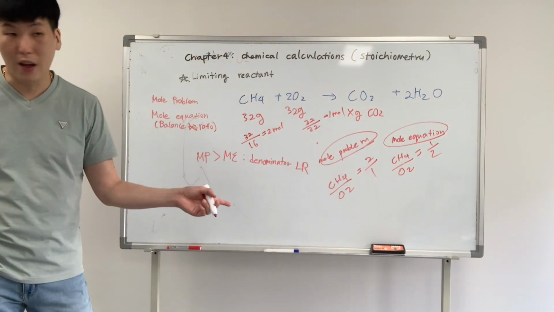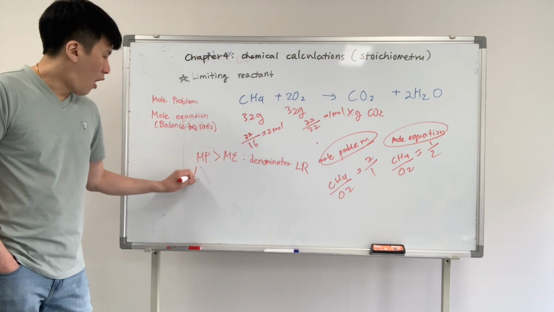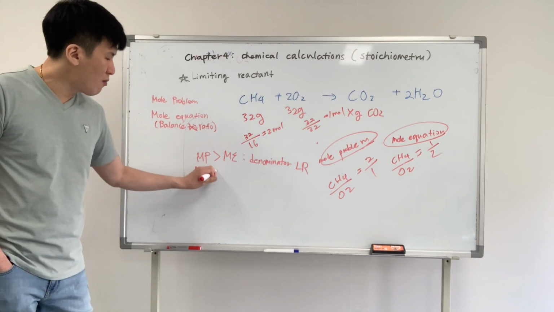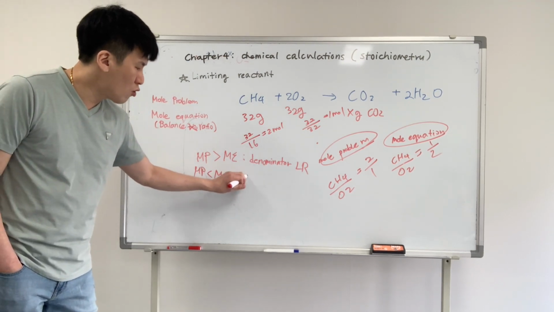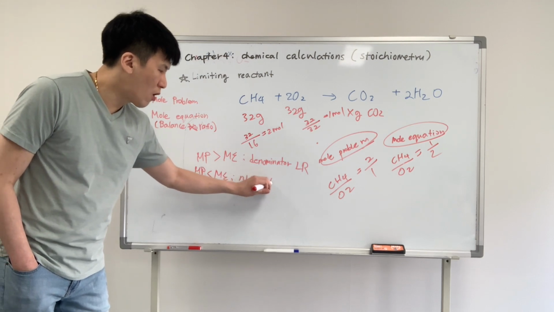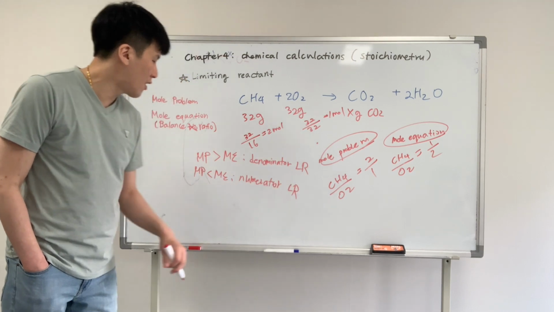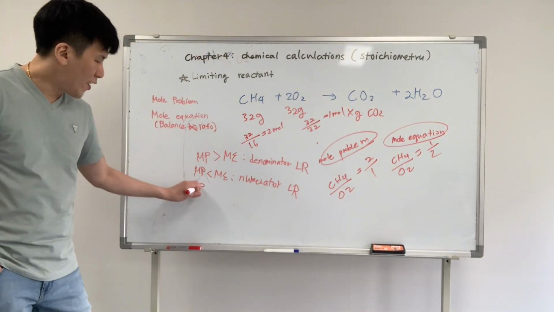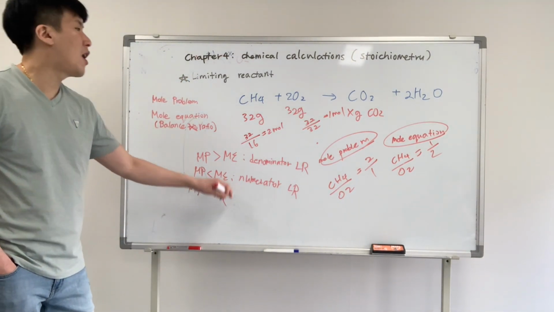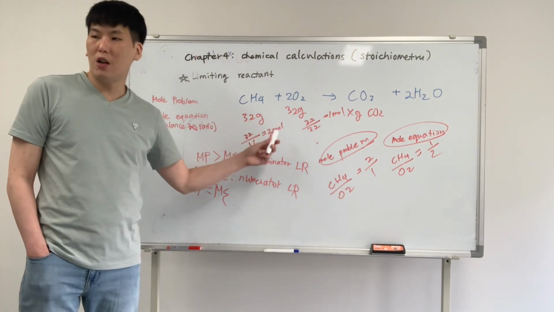That's your true A, it means. If mole problem is less than mole equation, the 1 in the numerator is your limiting reactant. And if it's the same, it doesn't matter which one you use.